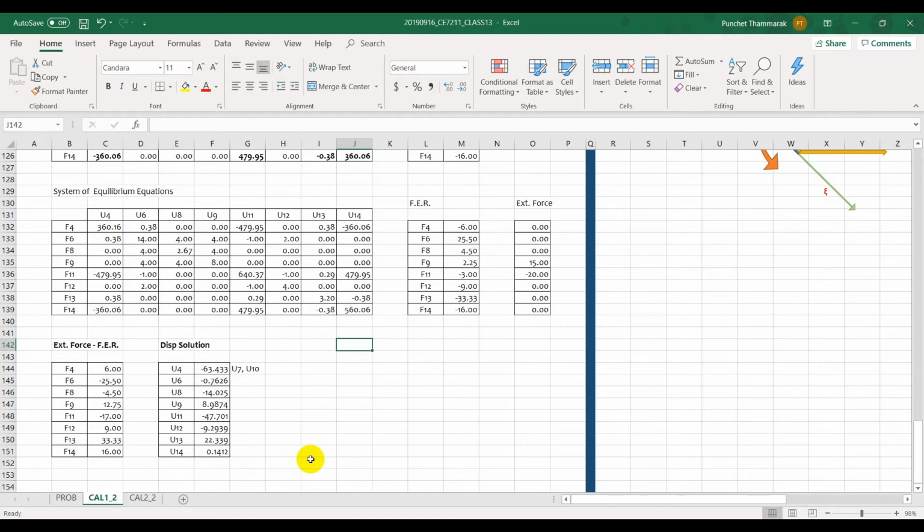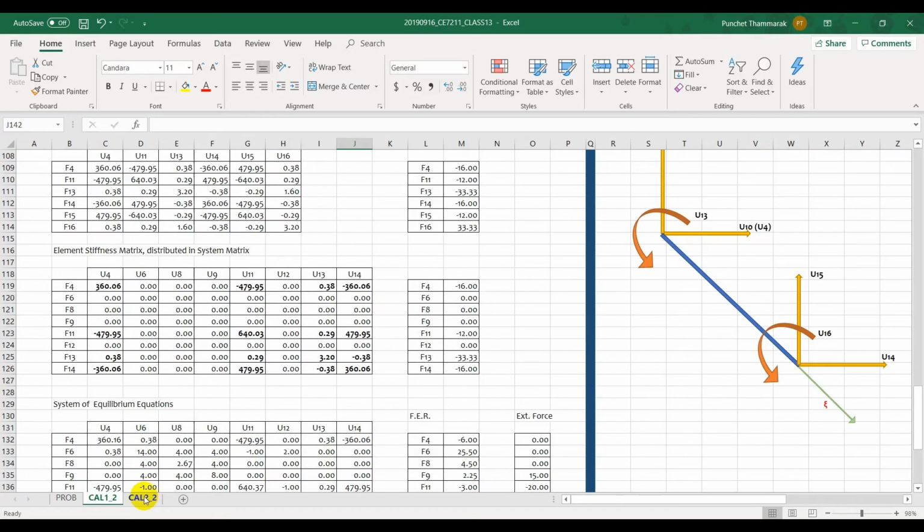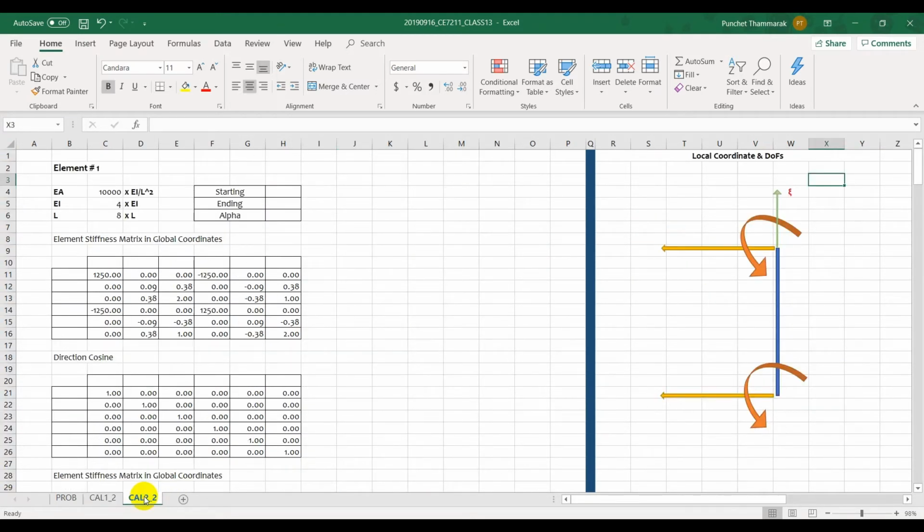We didn't use the direction cosine for the transformation because we aligned the local coordinate and made sure that the DOF we have aligned with the global degree of freedom. So that is good for hand calculation. But now we'll be moving into the approach which is generally good from the computer programming point of view.